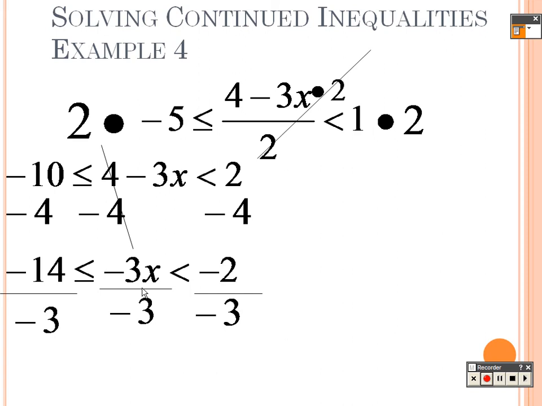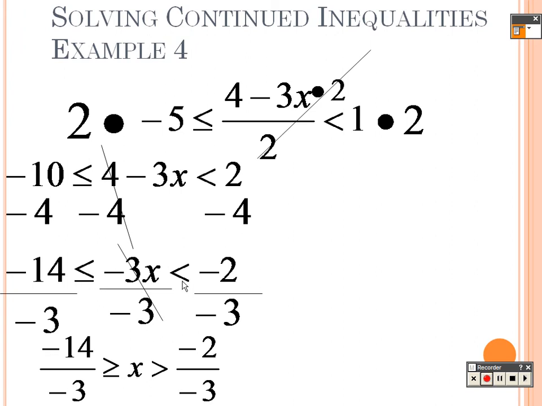And because I'm dividing by a negative, I need to flip the signs. So this is a negative 14 divided by negative 3, but notice how the sign flipped. So the negative 2 divided by negative 3, notice how the sign flipped. And those negatives, because it's a negative divided by a negative, they're actually positives. Now you always write from low to high. This is the lower number, which means I need to take the whole item and flip it over.